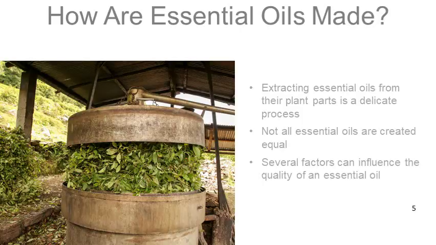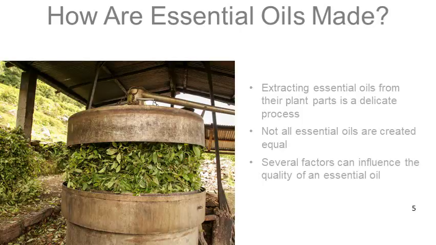For example, carefully choosing the geographic location and specific climate for planting, growing, and harvesting plants can influence the quality of the essential oil. Other factors like distilling methods and the amount of time that it takes to extract the essential oil from its plant part can also be influential in the preservation of the potency and benefits of the essential oil.